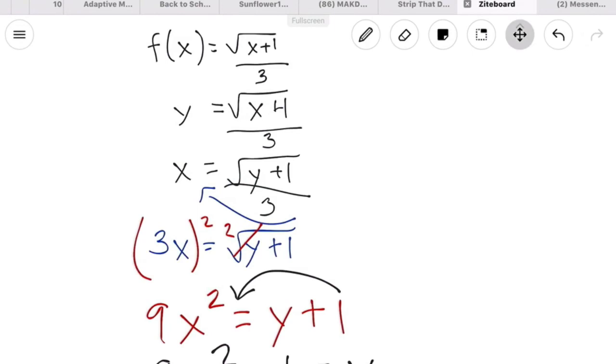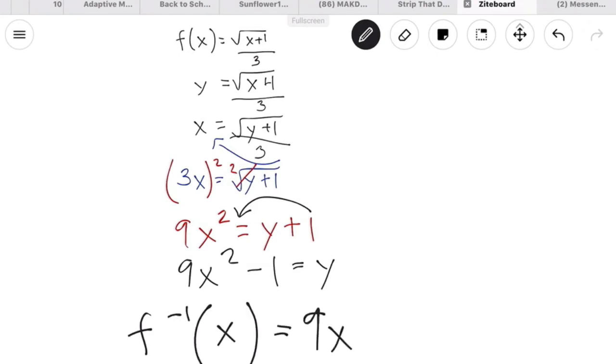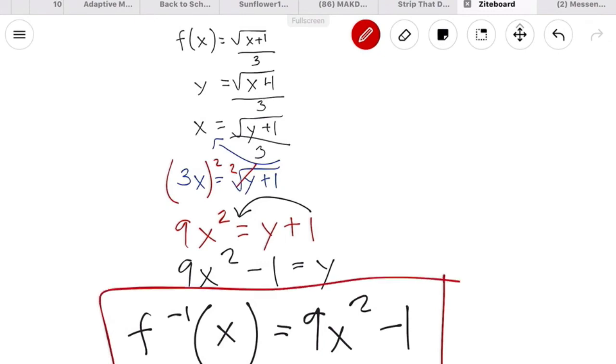So the last rule is to replace y with f inverse of x. So f inverse of x equals 9x squared minus 1. So this is our final answer.